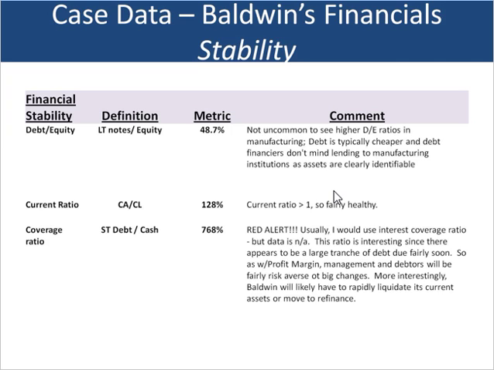Current ratio, assets exceed liabilities, that is current assets exceed the current liabilities. This ratio is greater than 1 or 100%. Now that's a good thing, it's a healthy sign, but look at the coverage ratio.